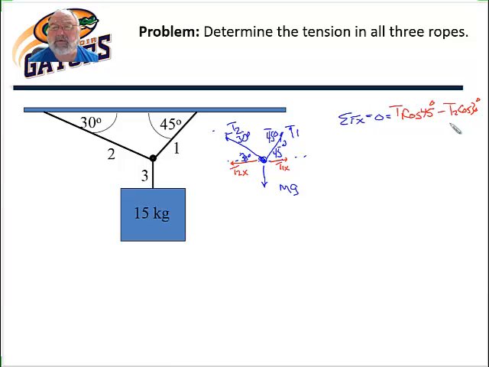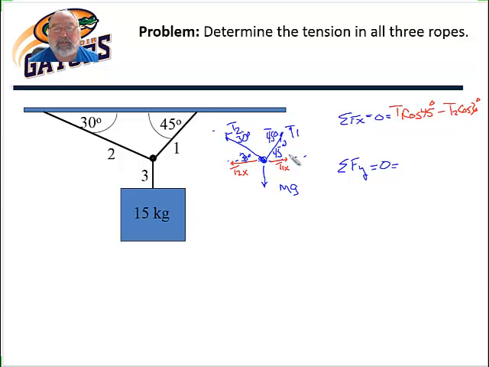Okay, so we have two unknowns in this one equation, so that tells me that we need a second equation. And we'll sum our forces in the y direction. That will give us our second equation, and hopefully through substitution we'll be able to solve this system of equations. So the sum of the forces in the y direction is also equal to 0 because our system's not accelerating.